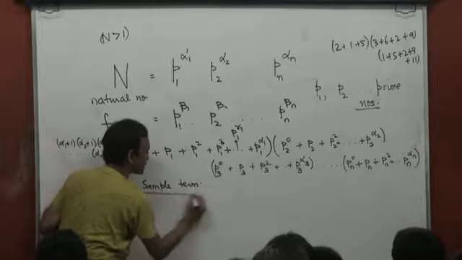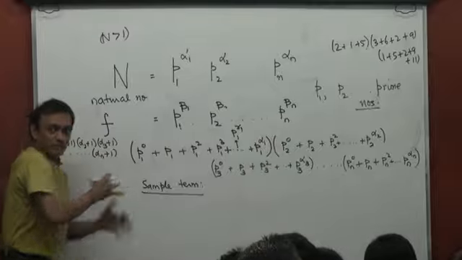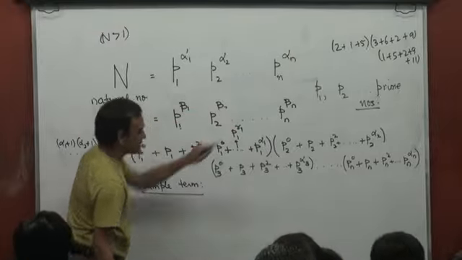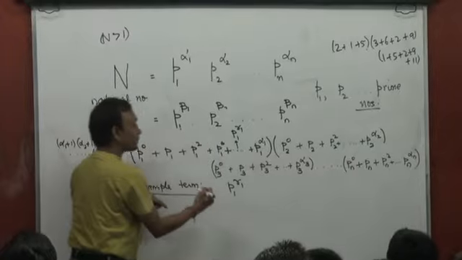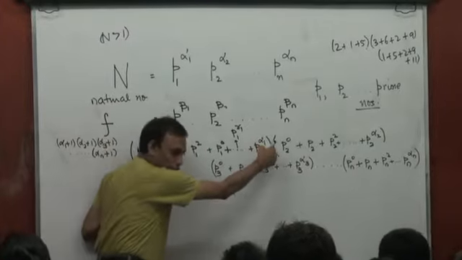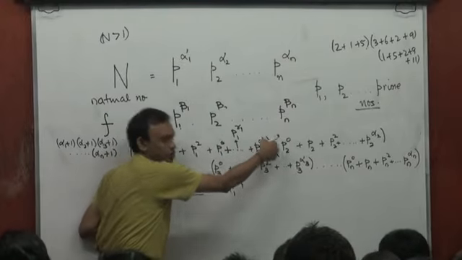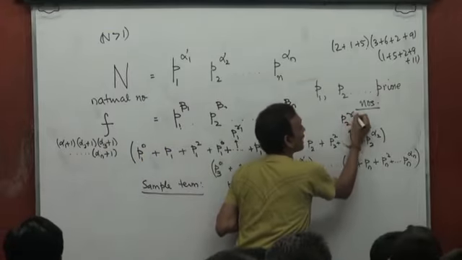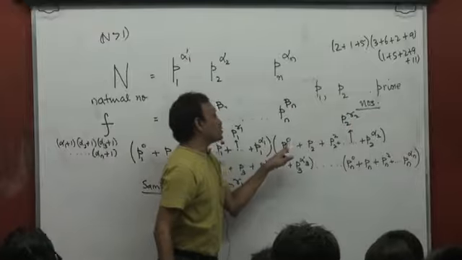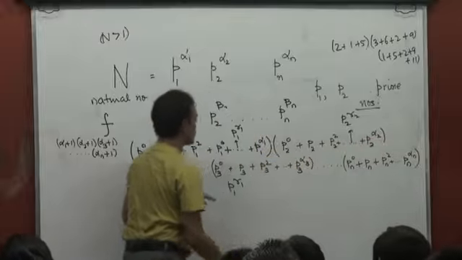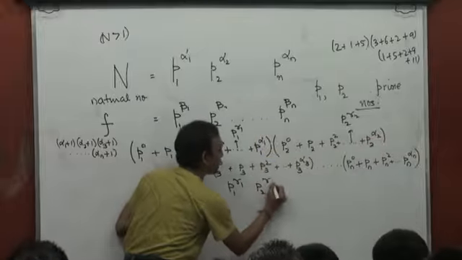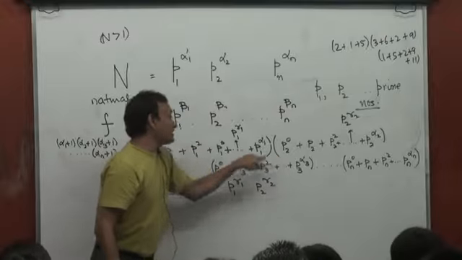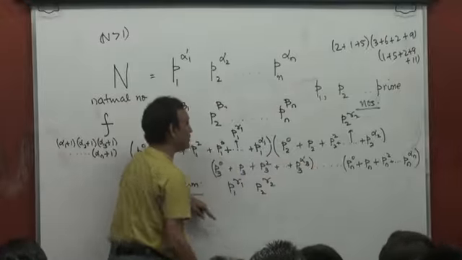There are these many terms when you multiply the whole thing out, and a sample term is one of them: P1 to power gamma 1, where gamma 1 can assume any value from 0 to alpha 1. Then look at a term here, P2 to power gamma 2, where gamma 2 can assume any value from 0 to alpha 2. So, into P2 to power gamma 2. And then a P3 to power gamma 3, where gamma 3 can assume any value from 0 to alpha 3.